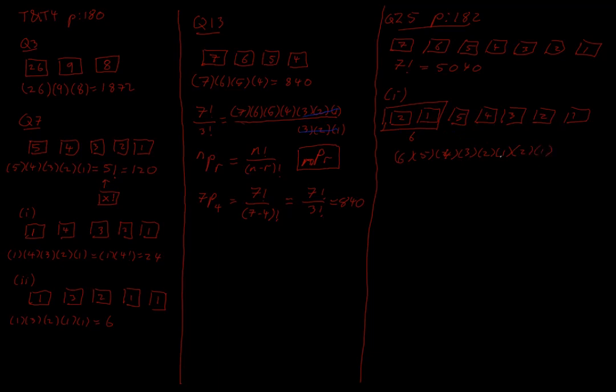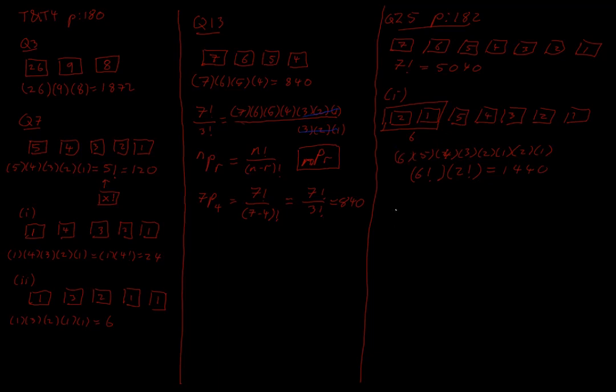We can write that in an abbreviated form as 6 factorial multiplied by 2 factorial. When we put that into our calculators, we get 1,440. That's the number of ways that we can arrange our children when we keep the twins together all of the time.